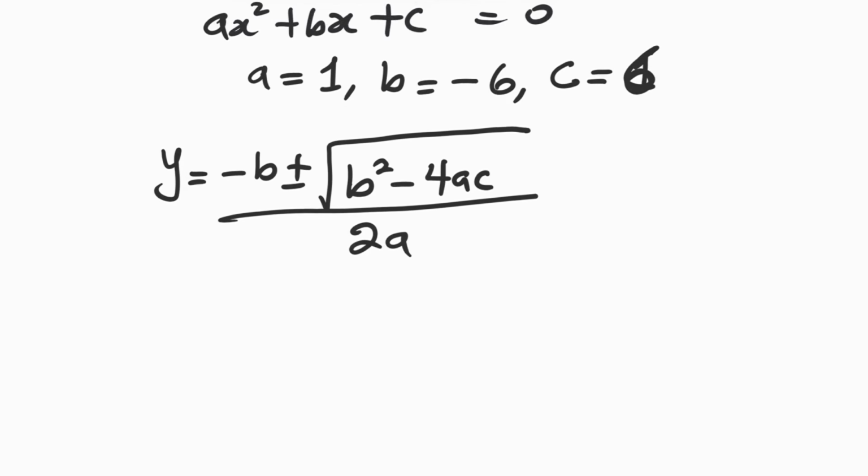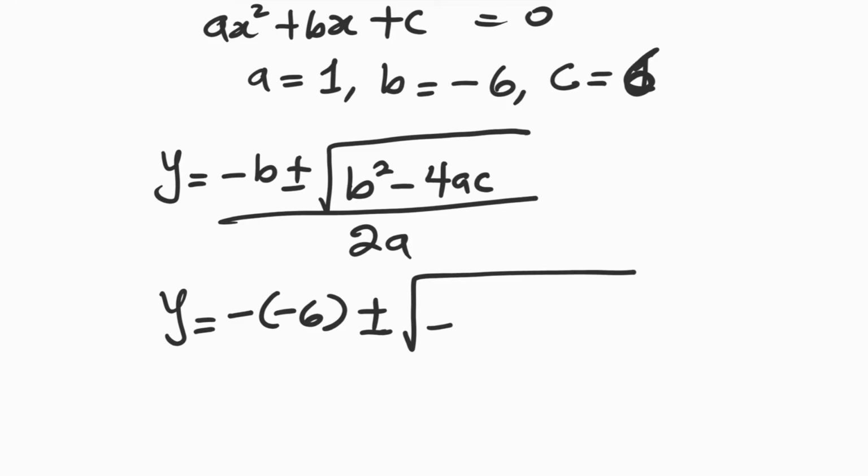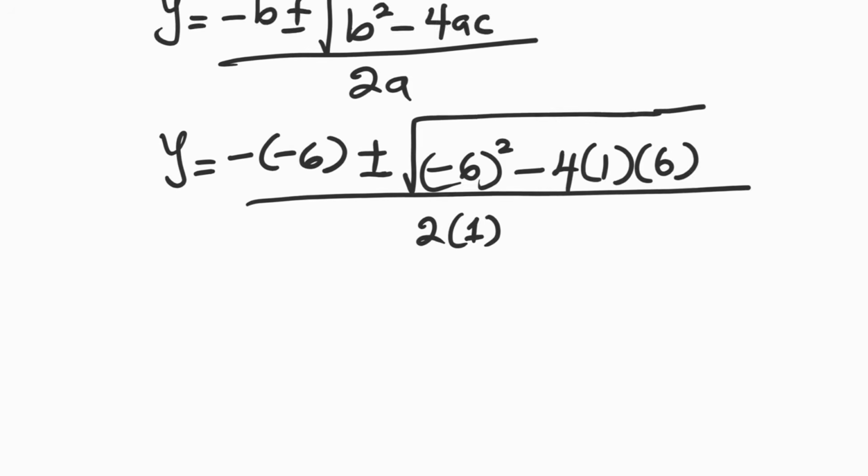Now, let us plug in the values of our a, b, and c. So now we have b is minus 6, so we have minus minus 6 plus or minus the square root of minus 6 all squared, minus 4, a is 1, and c is 6, all divided by 2 times 1.